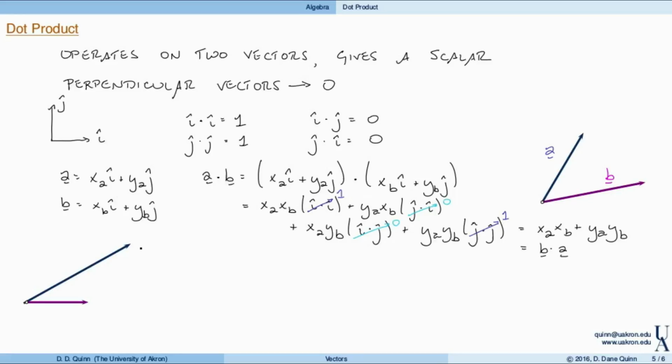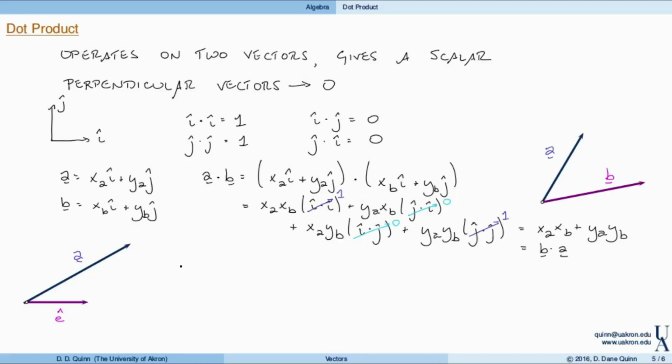So now one special case occurs when one of these vectors is a unit vector. Right, so let's say that E is this vector here, and A represents some arbitrary vector.